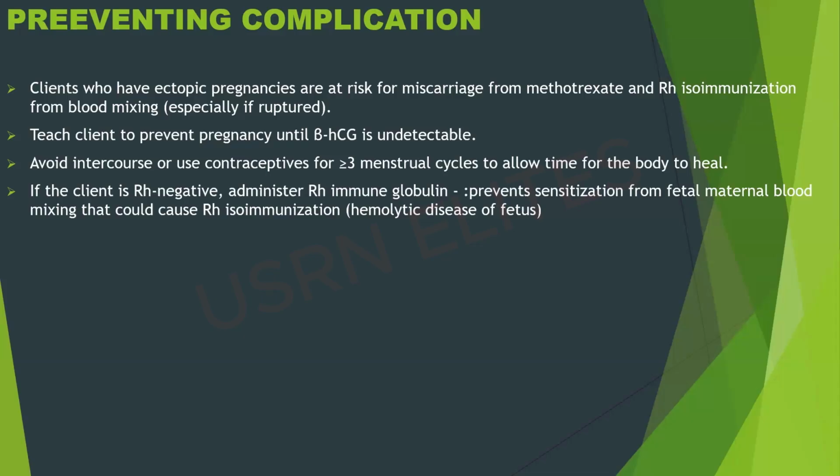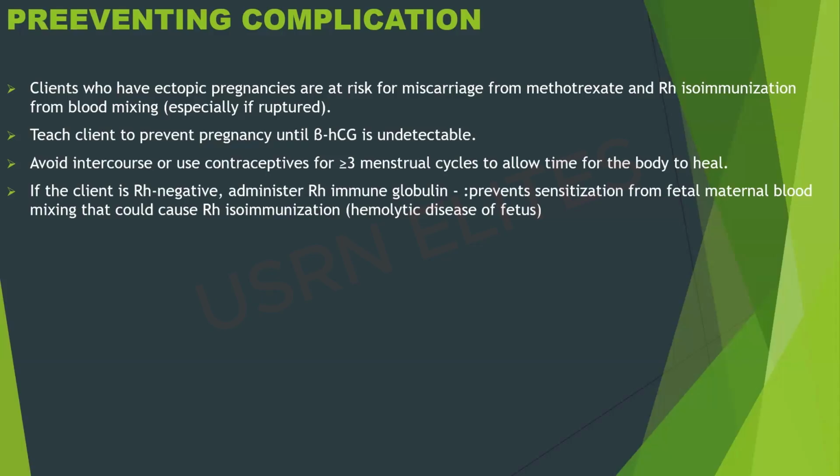All right. And if the mother is Rh negative, what do we do? We administer the RhoGAM. But note that although there's blood mixing in miscarriage and in ectopic, if the mother is not Rh negative, you're not going to administer it.